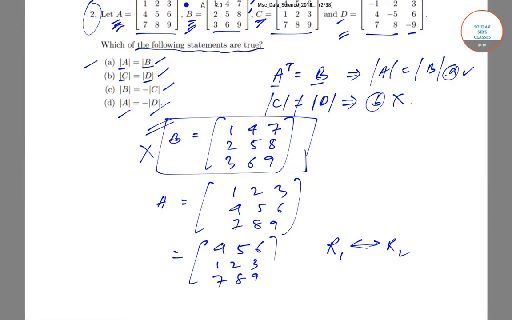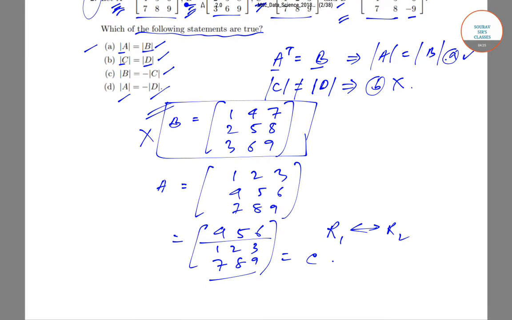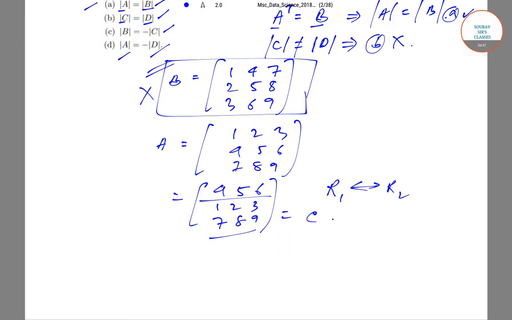The third row remains unchanged, and this matrix is nothing but the matrix C. So when we interchange just one row, the matrix A becomes the matrix C, and we know that when rows are interchanged there is a negative sign associated with the determinant. That is to be understood. So we get that determinant of matrix A will be negative of determinant of matrix C.